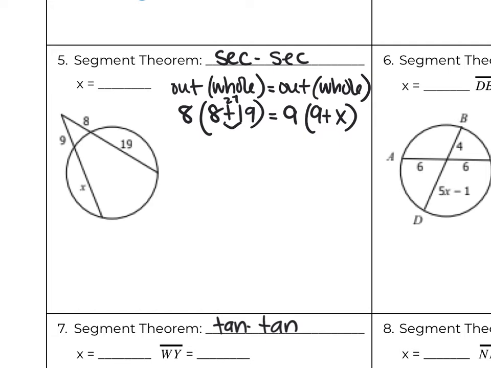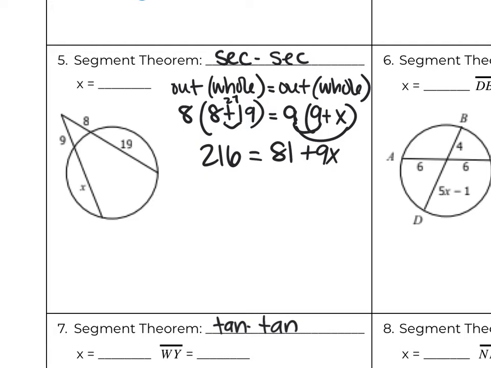So if it's 27 times 8, what would that give us? 216? Okay. Now this one you do have to actually distribute. So 9 times 9 is 81. 9 times x is 9x. Okay, next I would subtract 81, divide by 9.